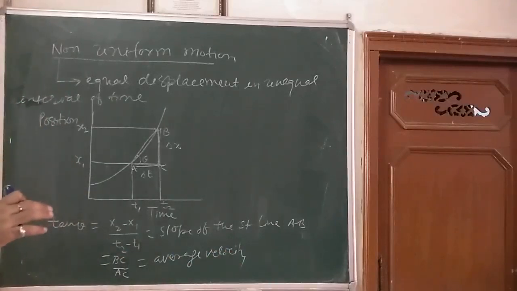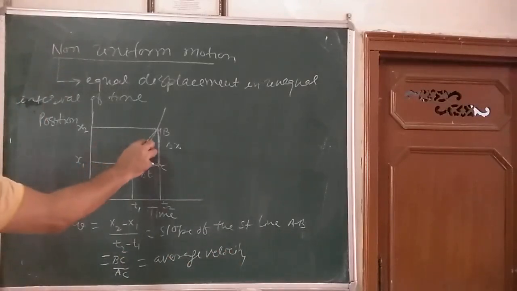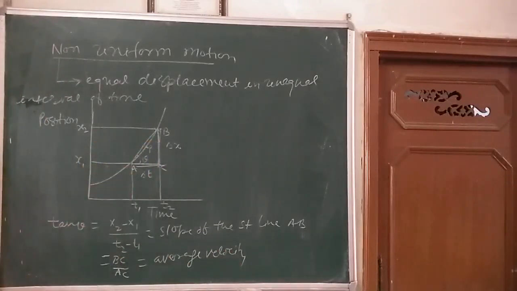If I want to find out the velocity at any instant of time, say t, that is called instantaneous velocity.